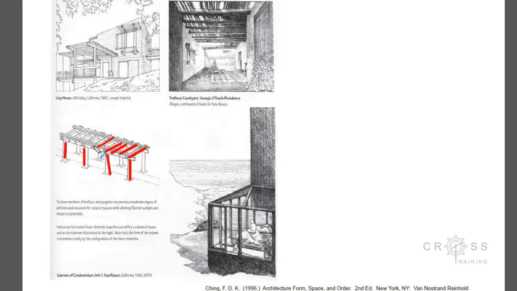So by having several of these planes, you can now begin to define space. So we see that here in this little study room that this person is in, or lounge room. And we see it here with this overhead trellis, how these basic linear forms can help define space. And the repetition of a form also helps create rhythm.